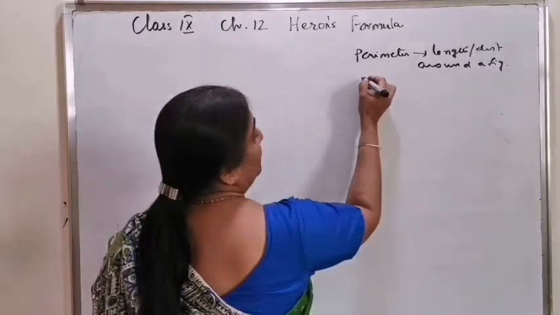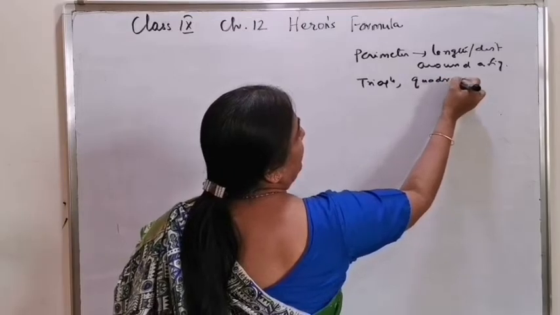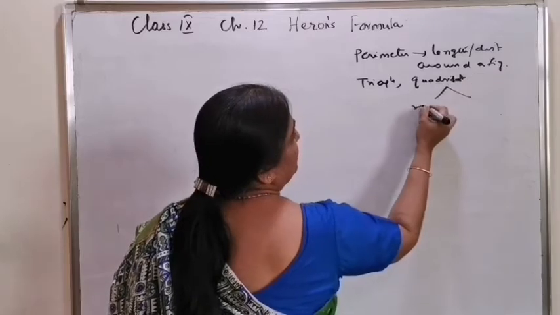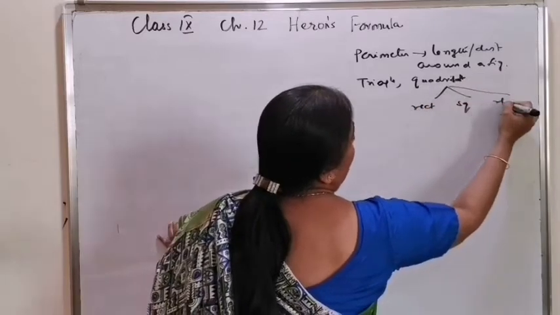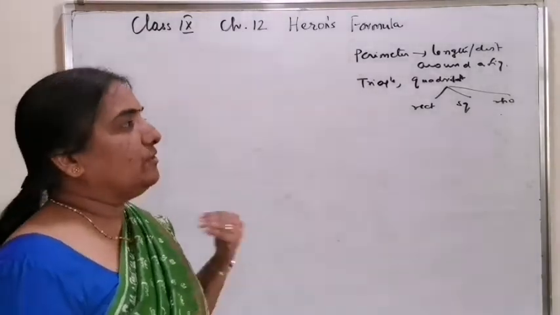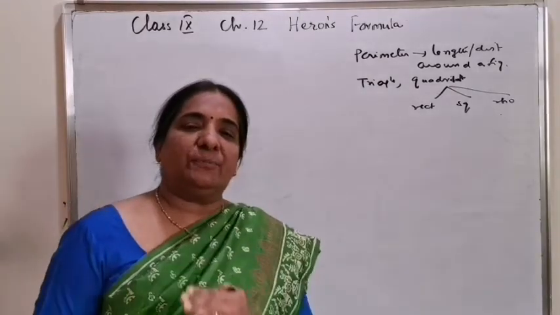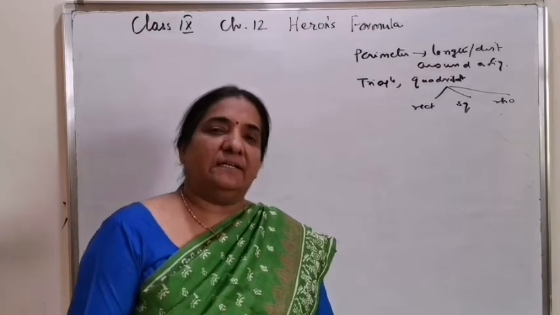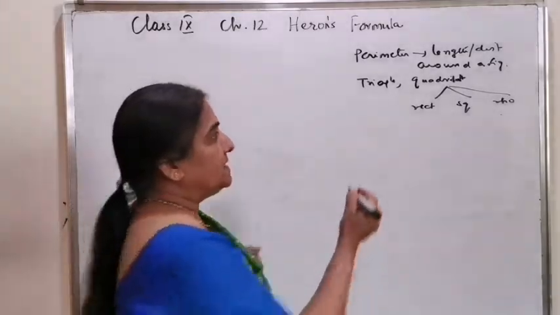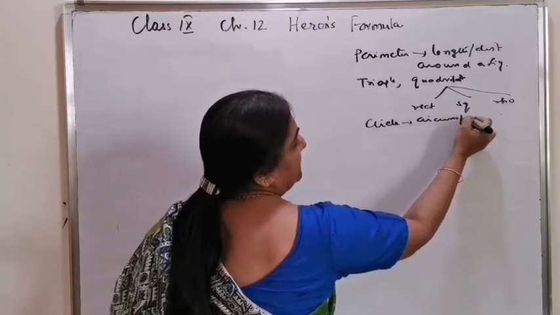Rectilinear figures include triangles and quadrilaterals, such as rectangle, square, rhombus and parallelogram. Whatever the figure, the perimeter means the distance around that figure. That means you sum up all the sides. For a circle, we call it the circumference.